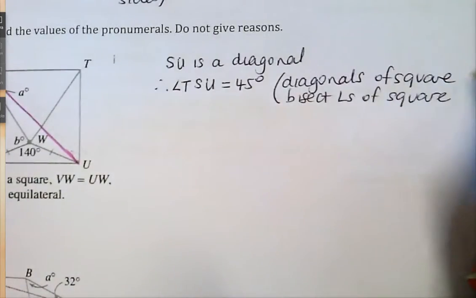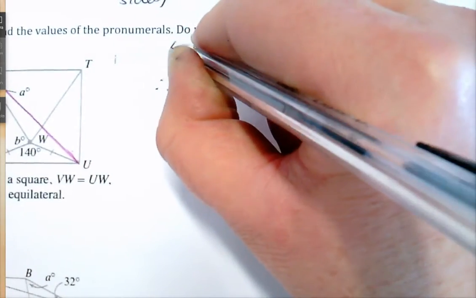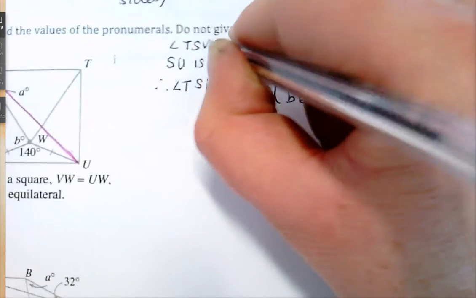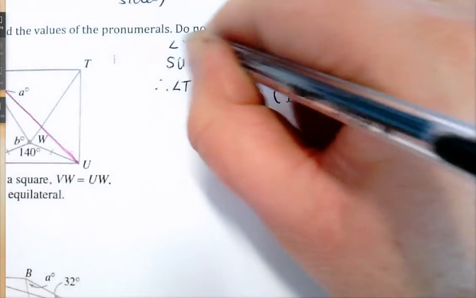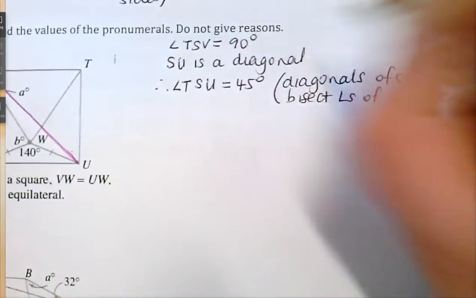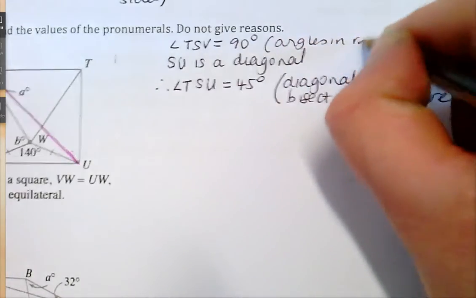Now, I could also put, before I start, that angle TSV is equal to 90 degrees as well, because angles in a rectangle are 90.